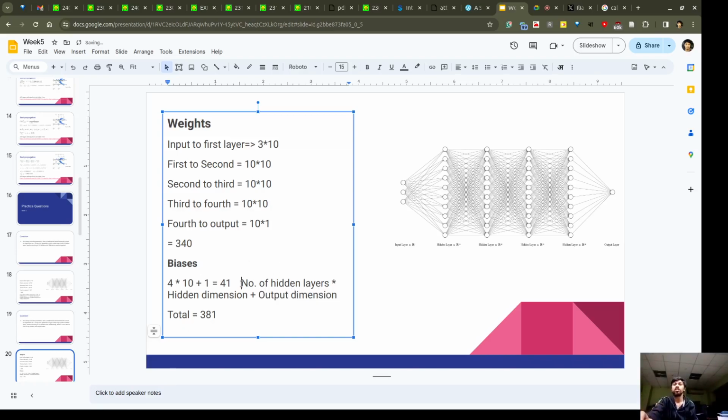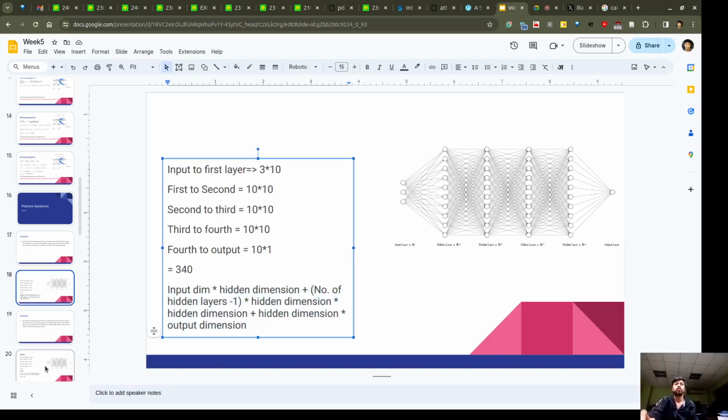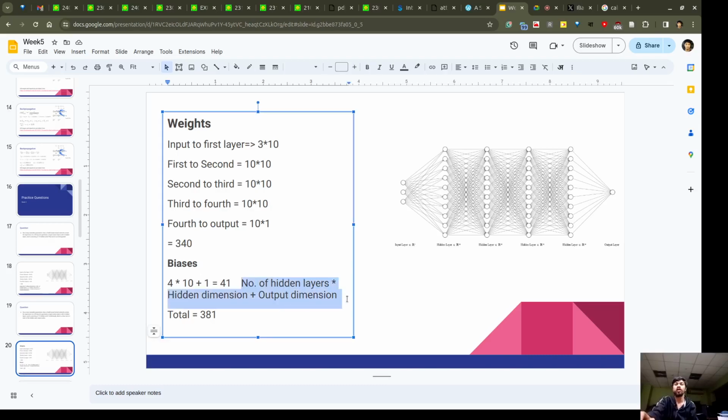So this is for bias, and weights we have calculated earlier, right? If you add them, you will get the total. So 4 into 10, where 4 is the number of hidden layers and 10 is the hidden dimension, and 1 is the output here. If we add them, 40 plus 1, 41, and the weights are 340, and total 41 biases. So total will be 381.